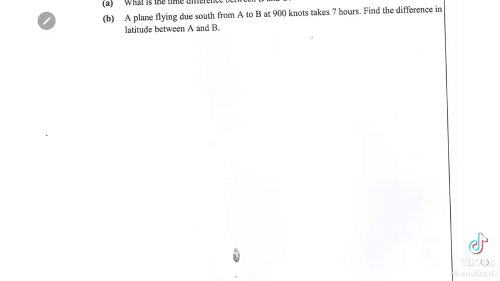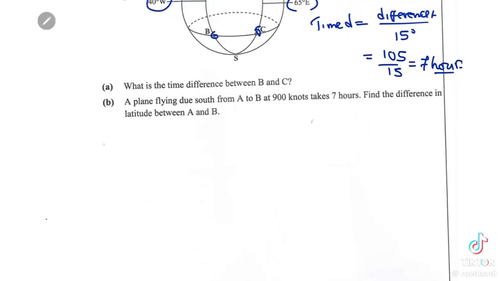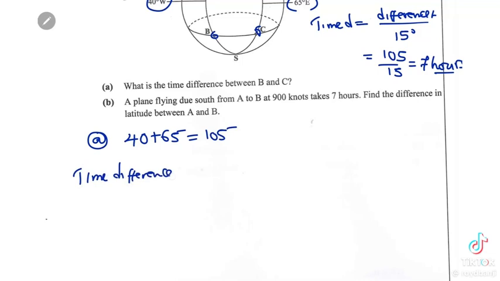By the way, we should have used this space that is here. So that is question A. We have 40 plus 65, which is equal to 105. Then for the time difference, we say the difference in longitude, which is theta, over 15 degree.